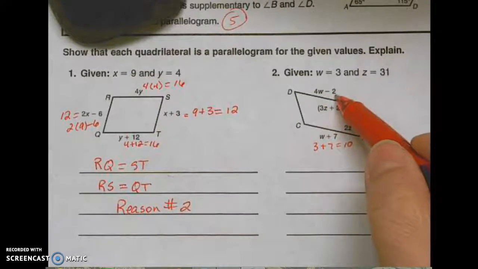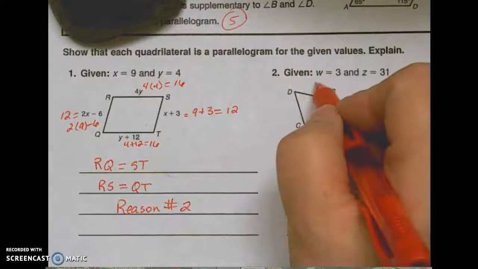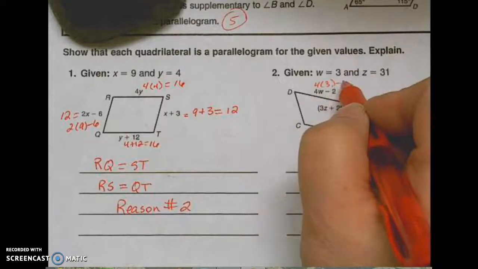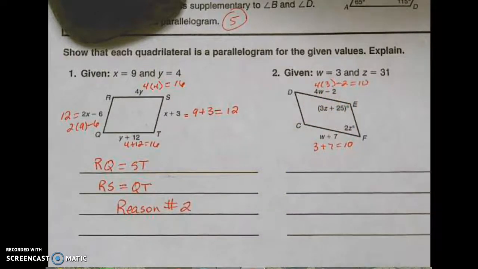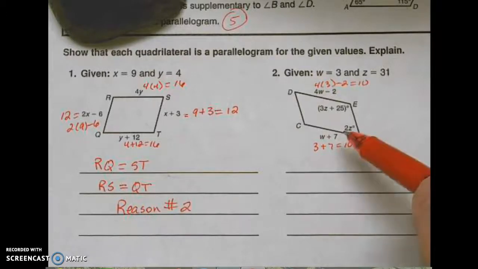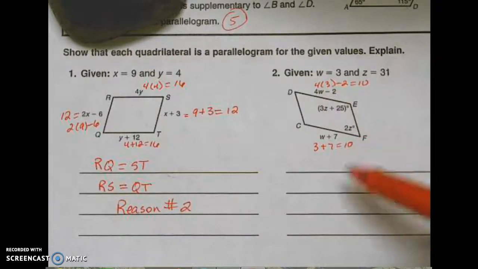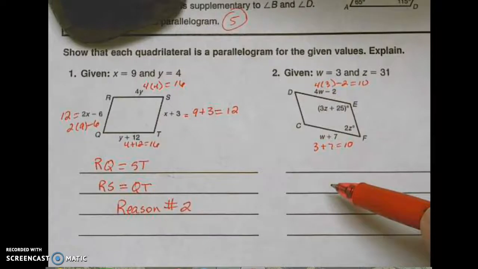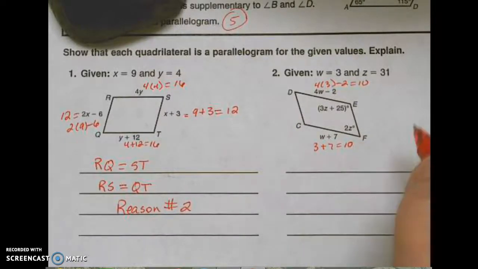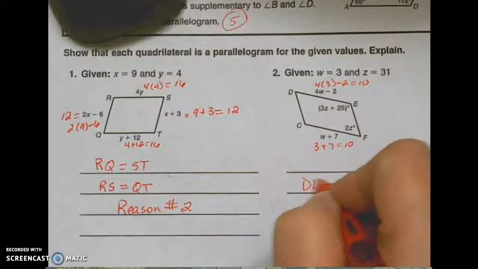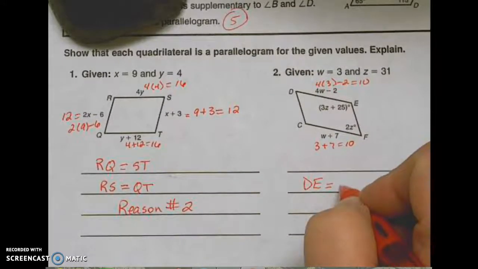If 4 times W minus 2, that means I have 4 times 3, which is 12, minus 2. That also equals 10. So I know that I have two sides that are congruent to each other. I have a pair of opposite sides congruent. So I know that DE has the same length as CF.